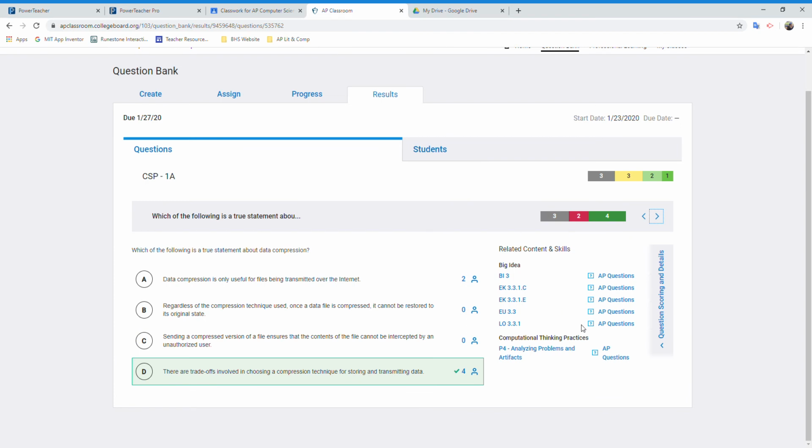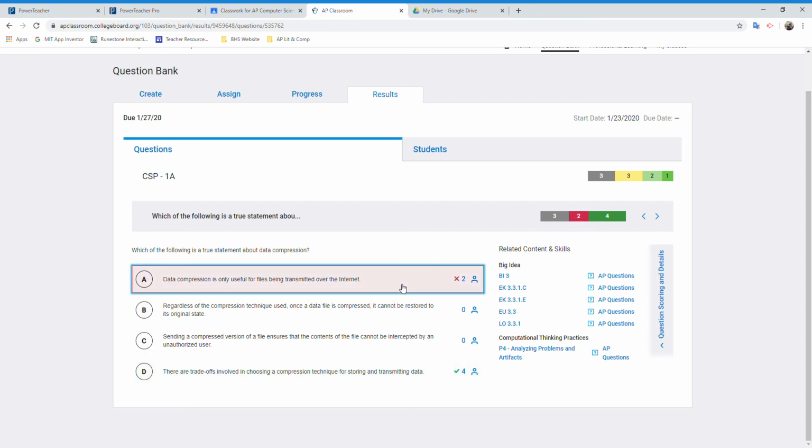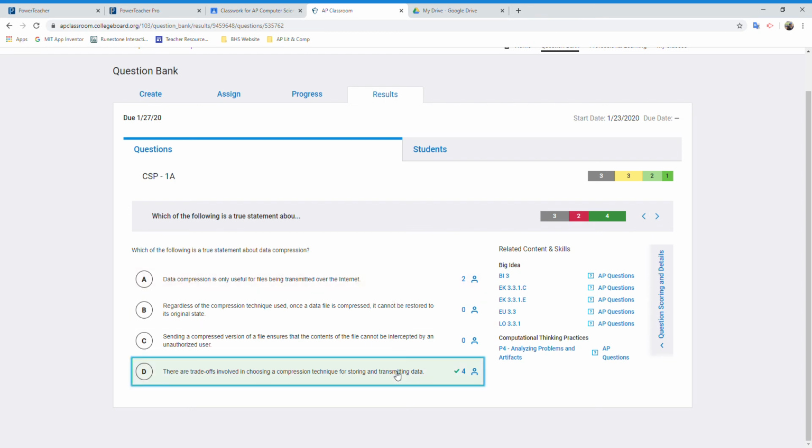Now over here, this is a tricky one. You got to understand the nature of data compression. Data compression is only used for files being transmitted over the internet. It is useful for files being transmitted over the internet, but it's also useful as a storage device. If I'm archiving files on a gigantic server and I only need to pull them up. But it's wrong because there are trade-offs.